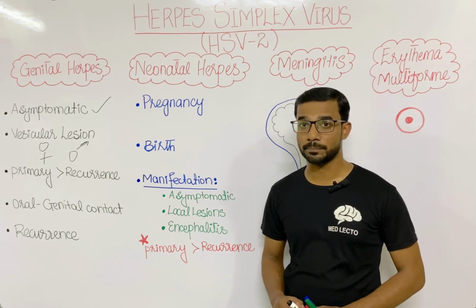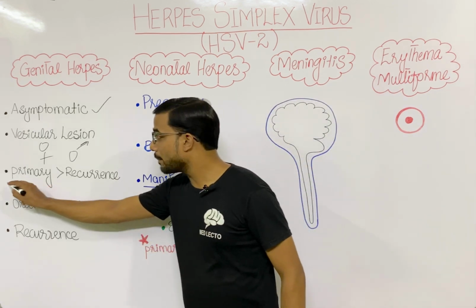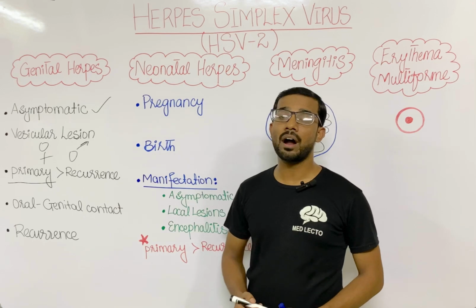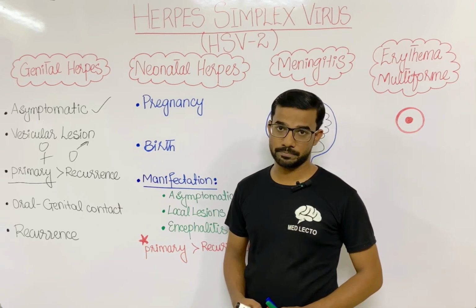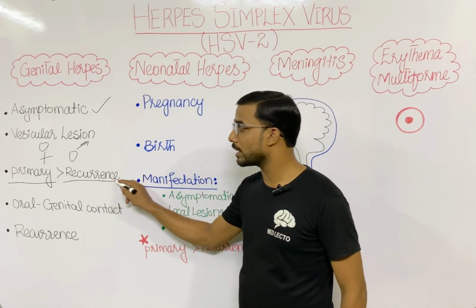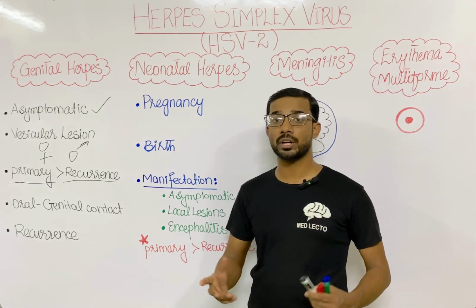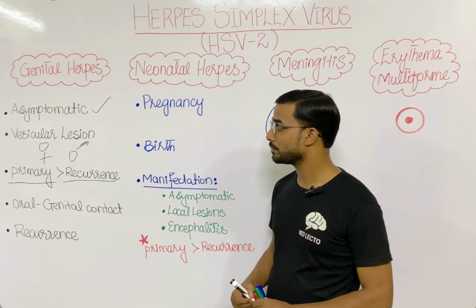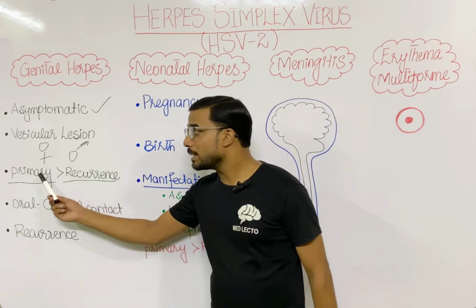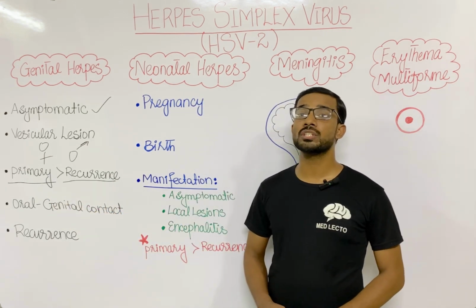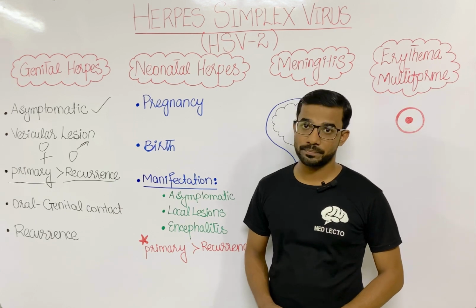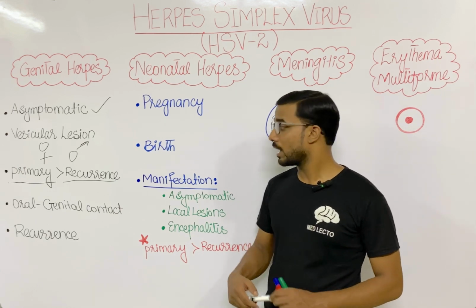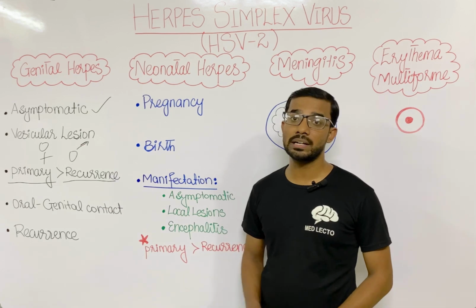This is important, because in the primary stage you will see a lot of production of the virus, and in the recurrent stage you will not see a lot of production of the virus in the body. And after the primary infection, you will see the production of IgG antibodies, which are helpful in the recurrent stage.